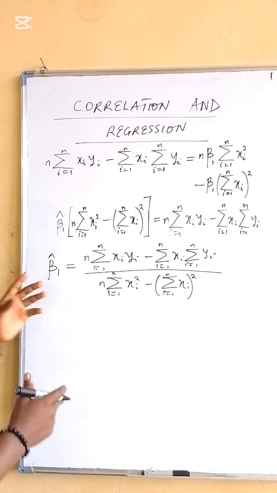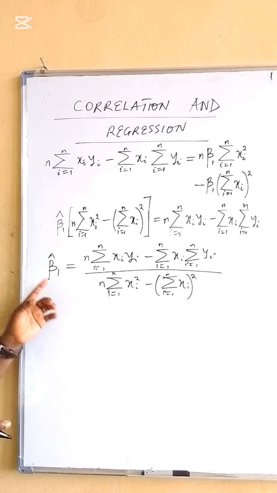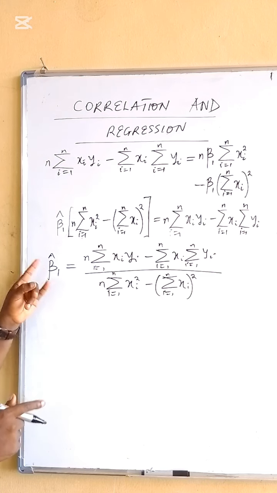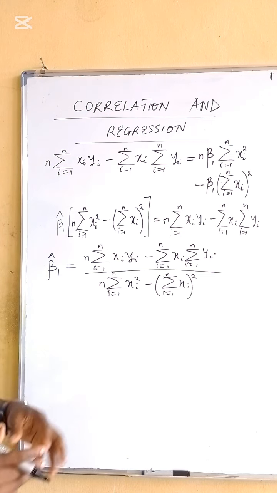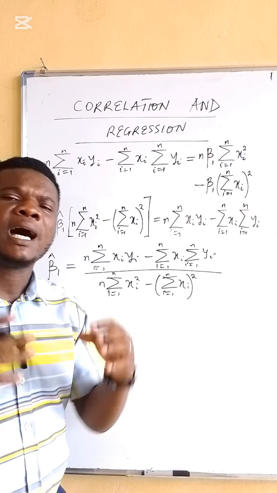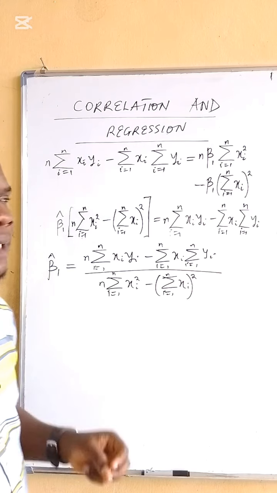So this will be the expression with which one can obtain beta 1 cap, being the estimate of beta 1. Now, the next thing to ask ourselves is, how then do we obtain beta naught?